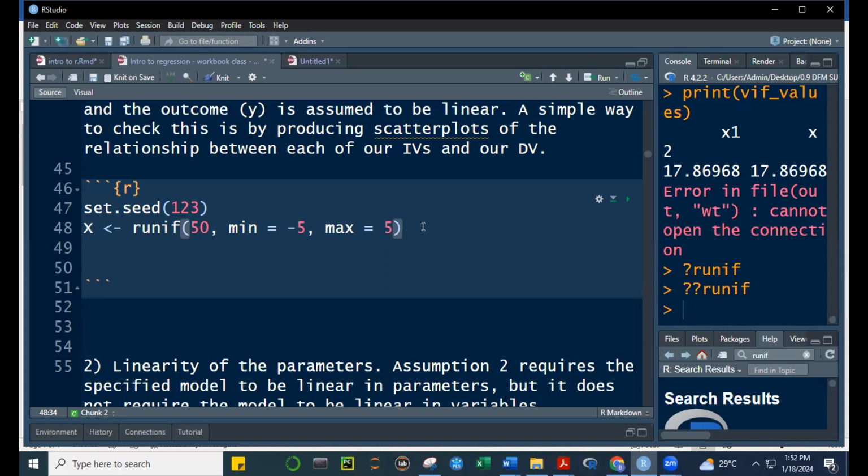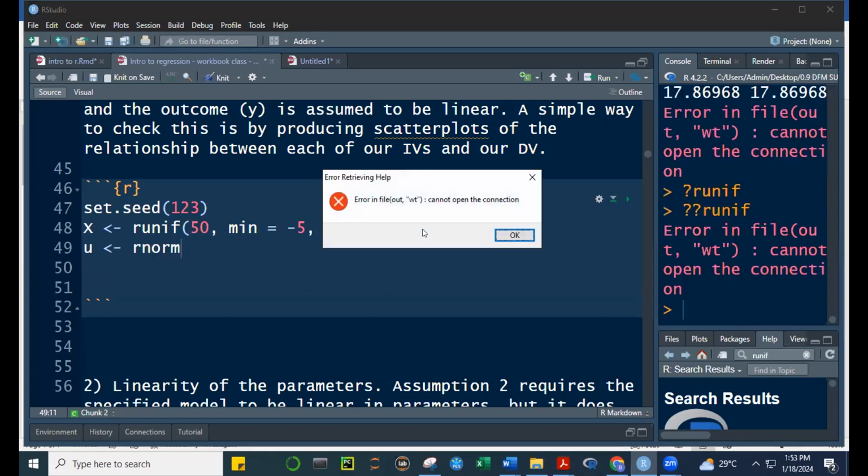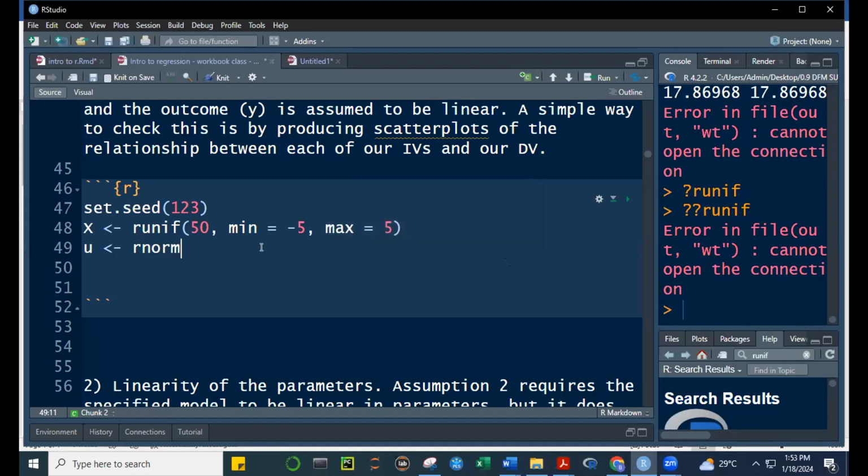All right, and then let's create another object, let's create U. This will be for random numbers. Alt minus again. And then let's use a function called rnorm. All right? rnorm, class, creates randomly generated numbers that have a normal distribution.